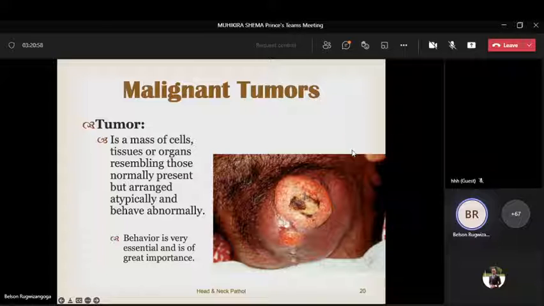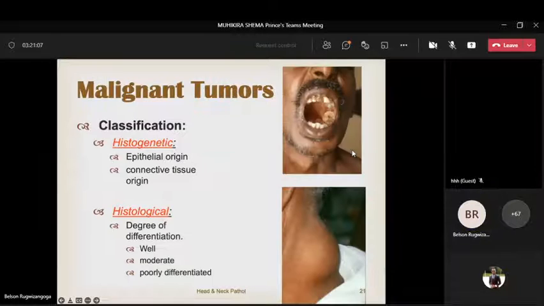They are irregular in surface, and their borders or margins are also irregular. The classification of malignant tumors can be histogenic, for example epithelial carcinomas, or connective tissue or muscle origin, and so on. Or histologic, depending on the degree of differentiation: well differentiated, moderately differentiated, or poorly differentiated.